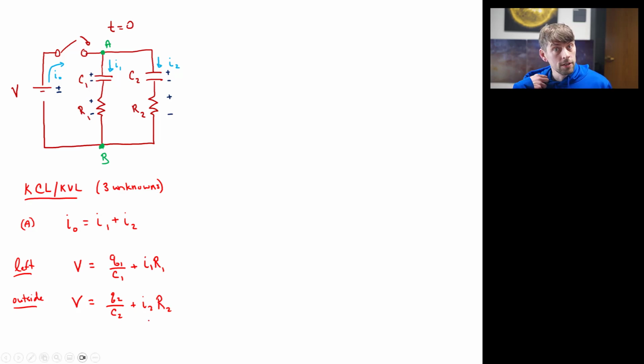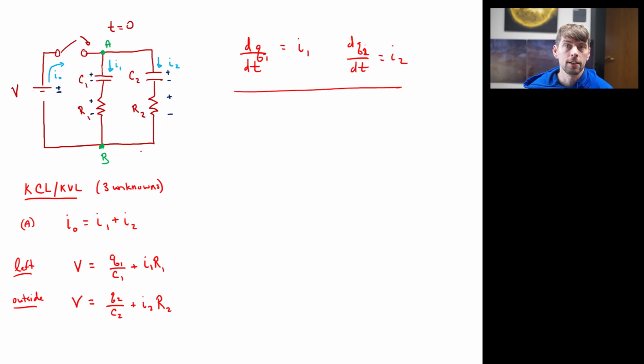And since we're dealing with energized capacitors, capacitors that are being charged, we know the relationship between Q1 and I1, or similarly Q2 and I2, namely that the charge deposited on the capacitor is related to the current flowing through the resistor by a derivative. We can take advantage of this idea here, and we'll see where those come in handy in a brief moment.